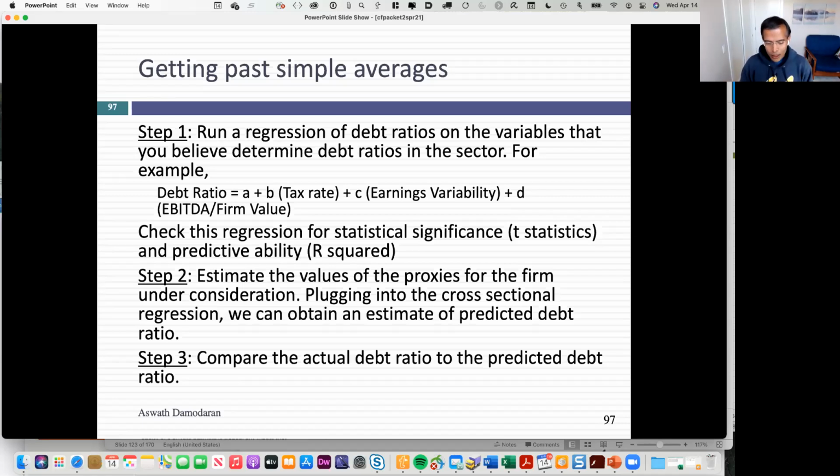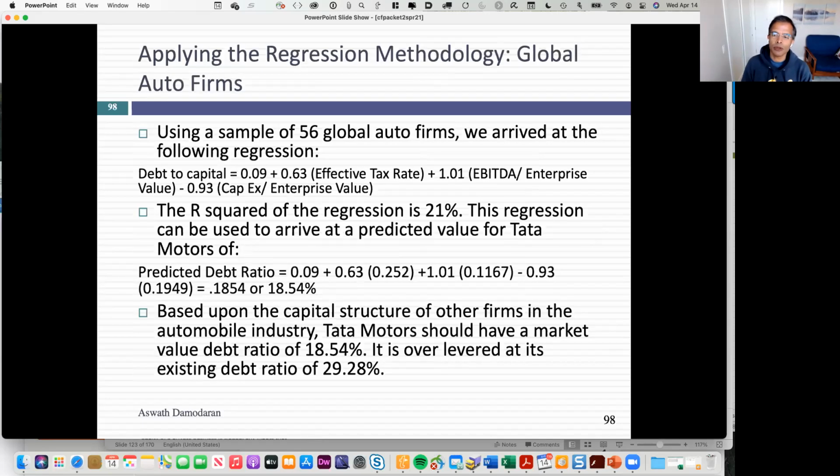Let's try this. I took Tata Motors, and I wanted to ask the question. Remember, I found Tata Motors to be over-levered using the cost of capital approach. I wanted to see what their borrowing looked like relative to other automobile companies. I did the simple comparison, but I want to dig a little deeper. So I took 56 global auto firms and I ran a regression of debt to capital, the market value debt to capital ratio that we've been using, against effective tax rates. My intuition there was the higher the tax rate, the more debt you should have.